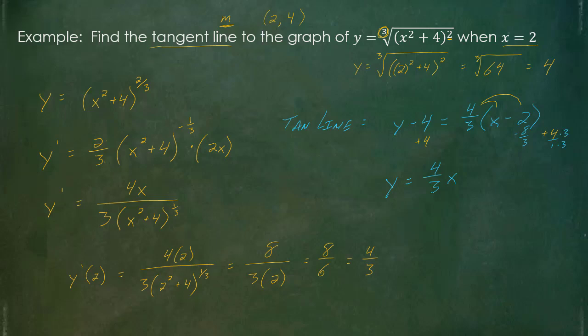So I've really got negative 8/3 plus 12/3. Negative 8 plus 12 would be a positive 4. And then again, the denominator was a 3, so it would stay that. So I've got this tangent line of y equaling 4/3 x plus 4/3 that would be what goes through that point 2, 4, but is still tangent to the graph of this cube root function.